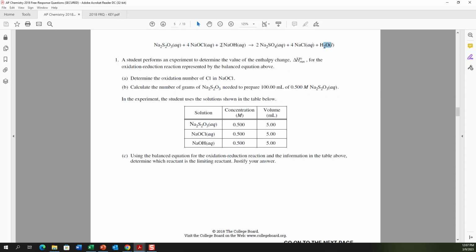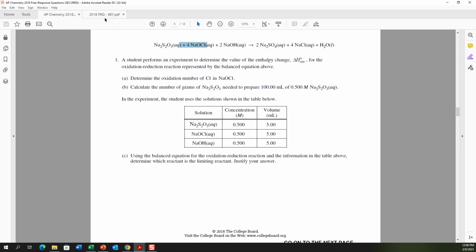You could pick any of the products, but 1 mole of this will produce 1 mole of water, but 1 mole of this times 1 over 4 would produce 0.25 moles of water. 1 mole of this times 1 over 2 would form a half a mole of water. So if we have equal moles of all these things, this would end up being the limiting reactant.